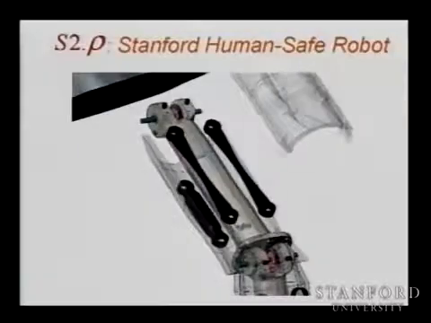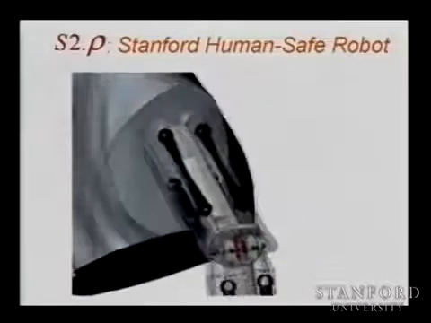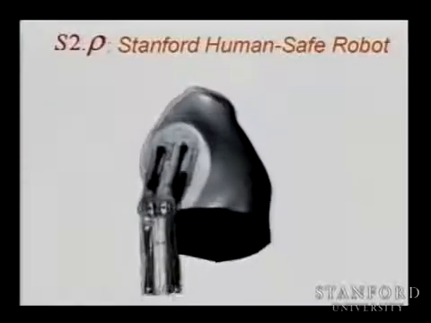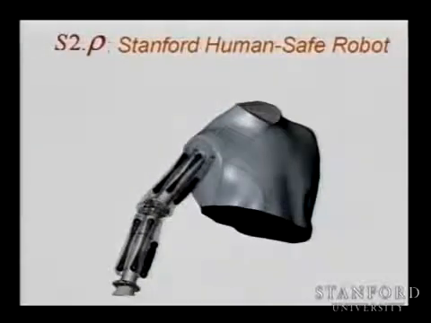So everything is integrated now inside, and outside we have skin to protect in the first impact and also to produce feedback. So you get tactile information about the contact location so you can control better your robot.